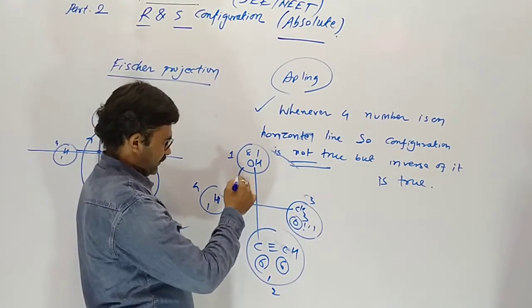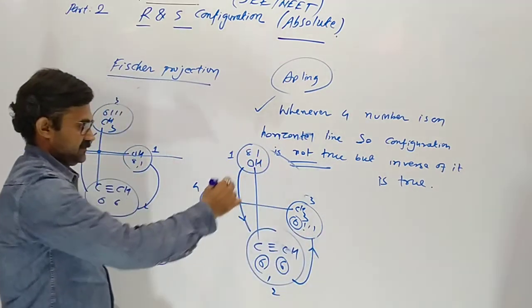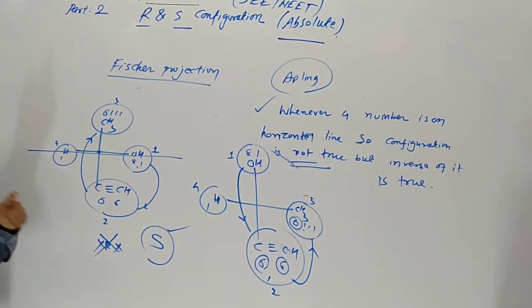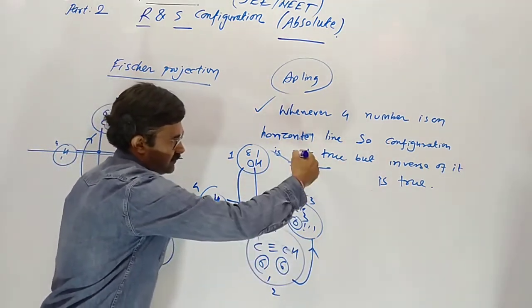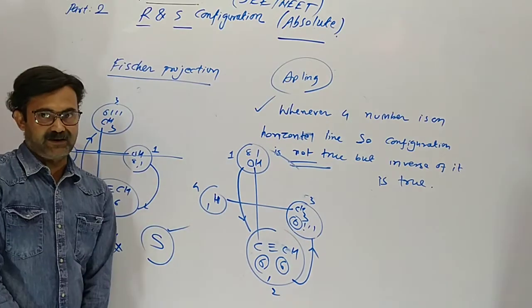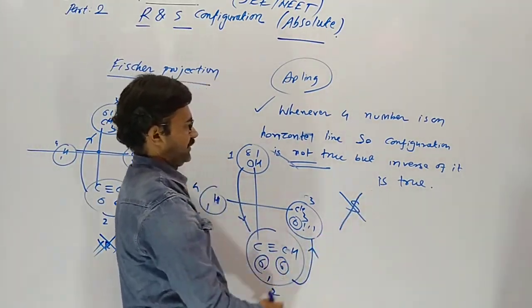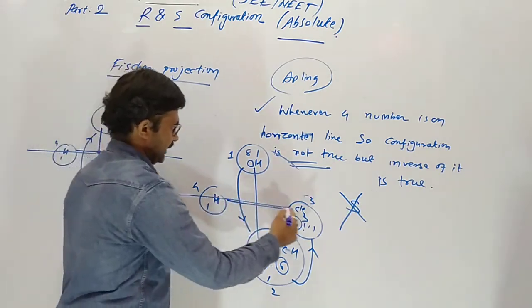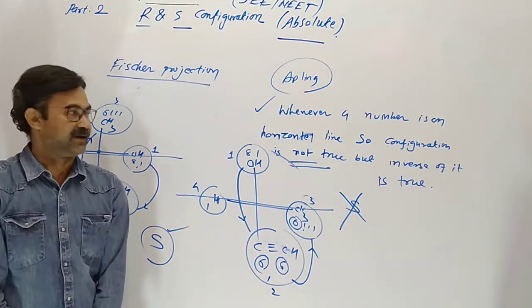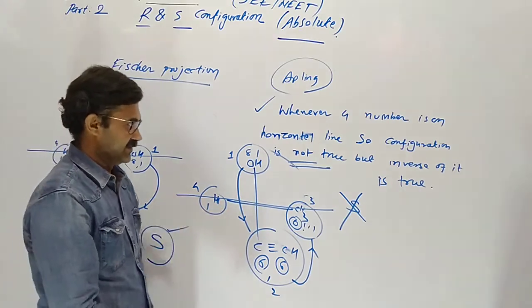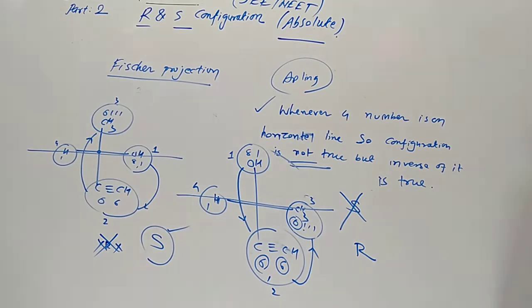Here on reading 1, 2 and 3, it appears anti-clockwise. We are moving anti-clockwise, so it appears S, but actually it is not S. Hydrogen is not on the vertical line but on the horizontal line, so we take the inverse. So our configuration is R.